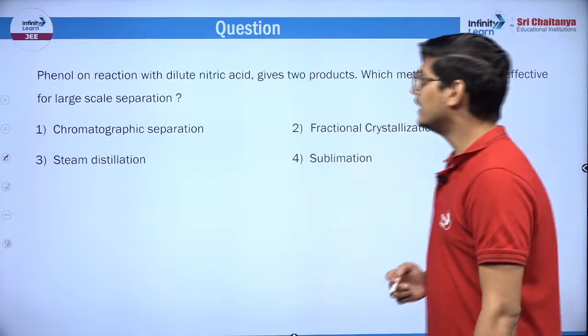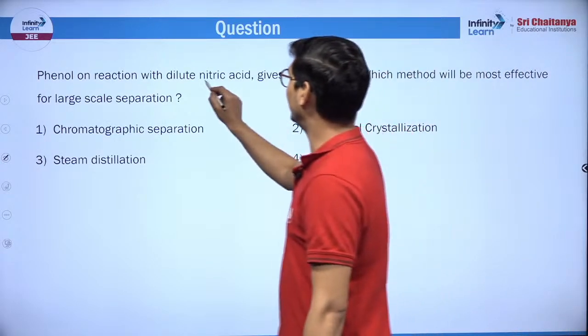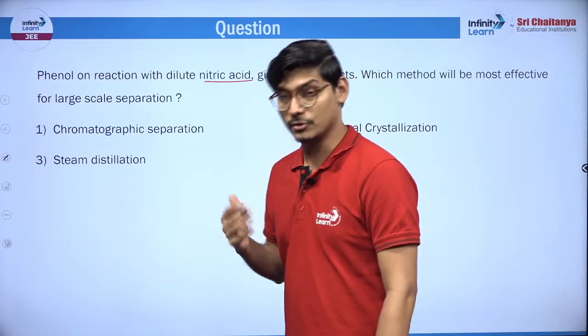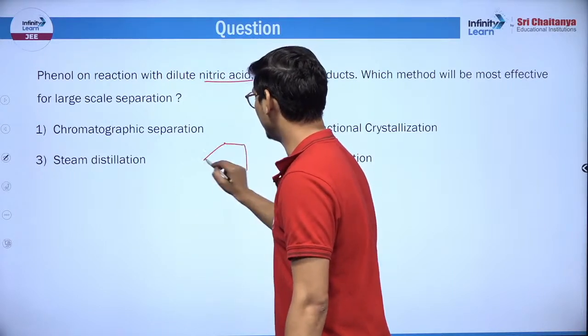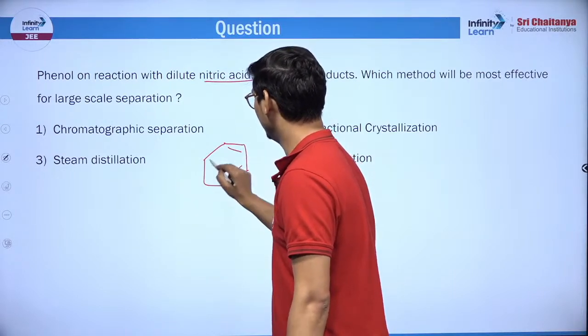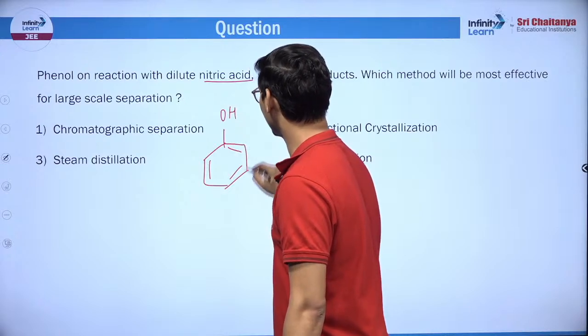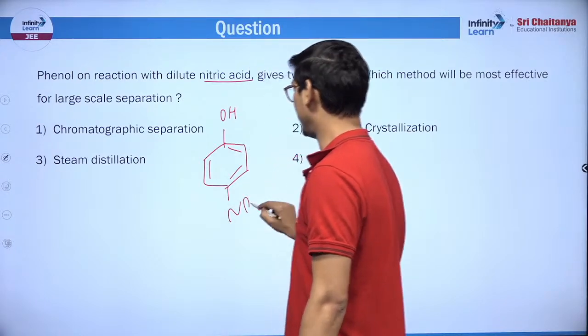Alright. Then phenol on reaction with dilute nitric acid, please remember this is mononitration, right? Dilute nitric acid. So we get ortho-nitrophenol and para-nitrophenol, right? So this is para-nitrophenol.